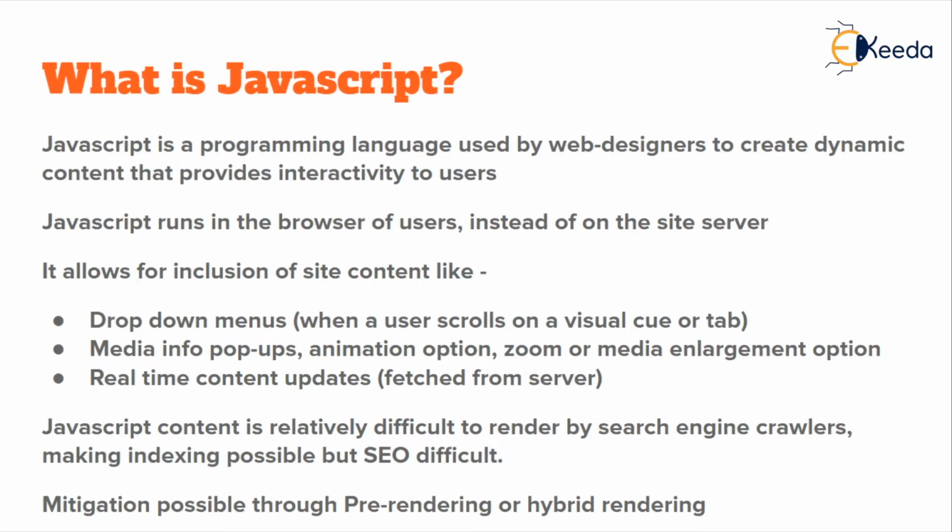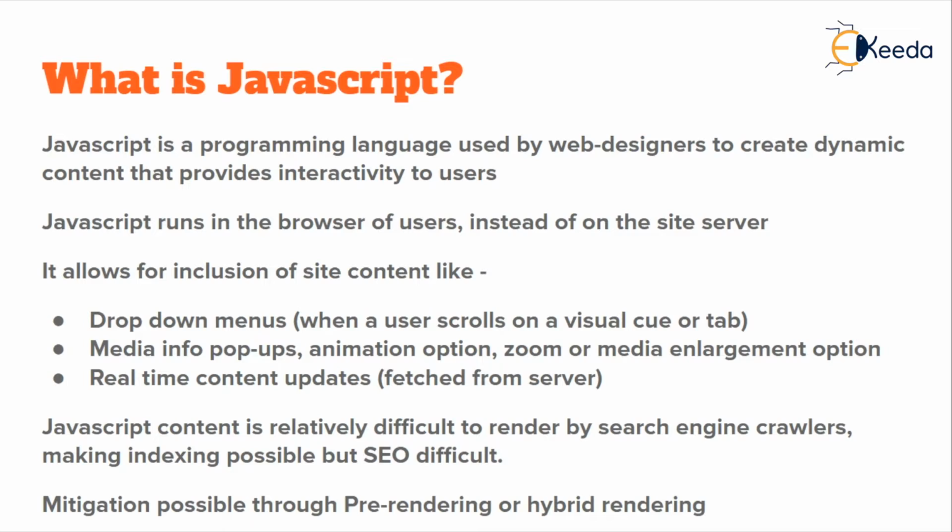Now, technically, this particular programming language allows the web designer to include features like drop down menus. So, for instance, when a user scrolls on a visual cue or a tab, for example, if they go on a field and it asks for a date, and if there is a link over there or an arrow over there, if you click on that and a calendar snippet is dropping down, that is because of JavaScript.